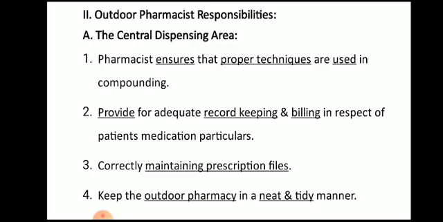They have to take care that all the methodologies or procedures used for compounding are proper or not. As it is a central dispensing area, it has to provide adequate record keeping and billing in respect of all the patient medication particulars.